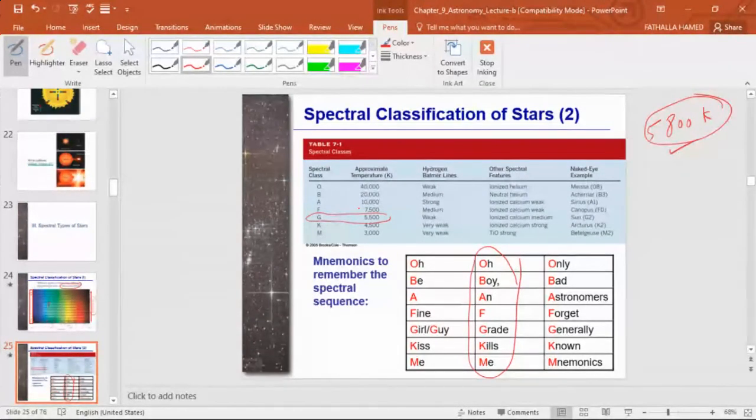And if you remember, when I started chapter number 8, I told you that the sun is classified as a G2 star. So that's, for example, we have it here as a G2 star. Now, there are other things that are not important here. When you look at the spectrum of hydrogen, we have something that we call the Balmer lines, and you have other features, things that are involved, and that's why the numbers are given here.